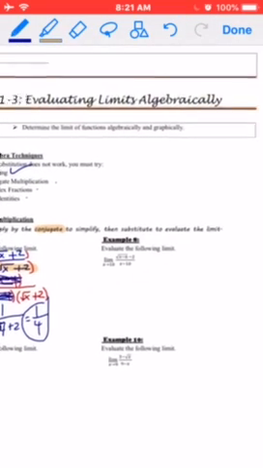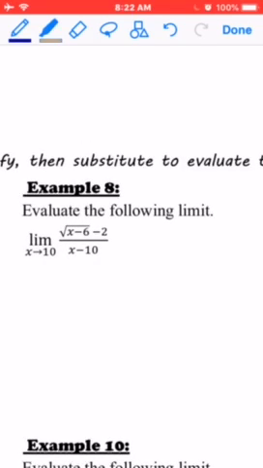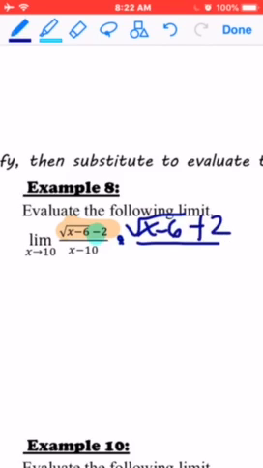Example 8, same idea. The conjugate here would be the square root of x minus 6 plus 2. You're really just taking the opposite of that middle sign, whatever's between the square root and the number outside the square root. That's what a conjugate is. So we multiply by the square root of x minus 6 plus 2 on the numerator and the denominator.